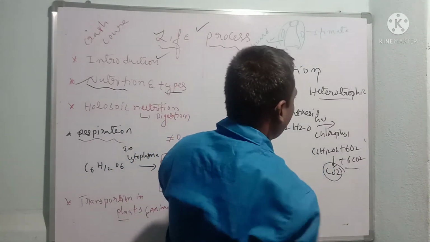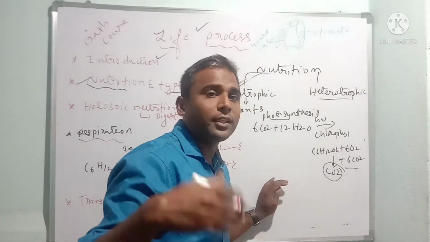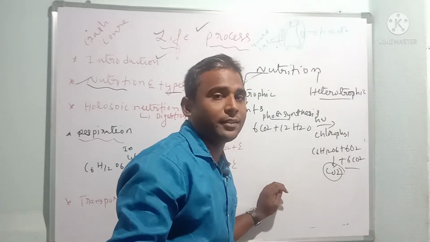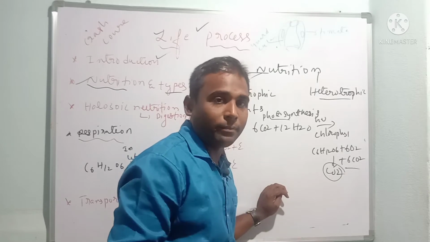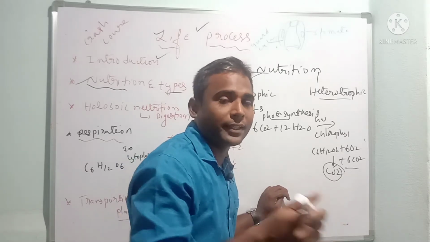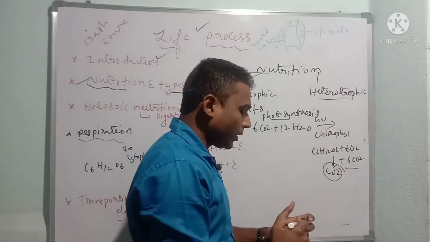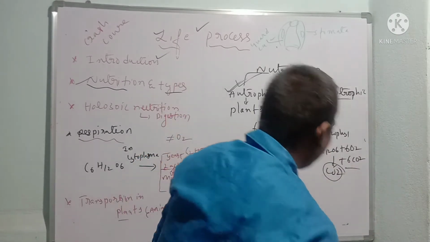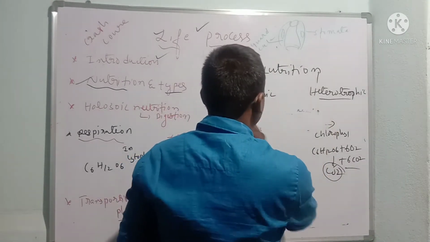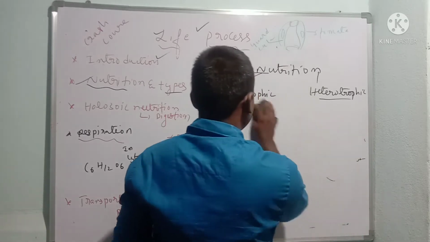Heterotrophic nutrition is the mode of nutrition that depends upon other bodies. For example, we, animals. For example, a tiger attacks a deer and eats. That is called heterotrophic nutrition. Dear children, heterotrophic nutrition is further classified into 3 types.